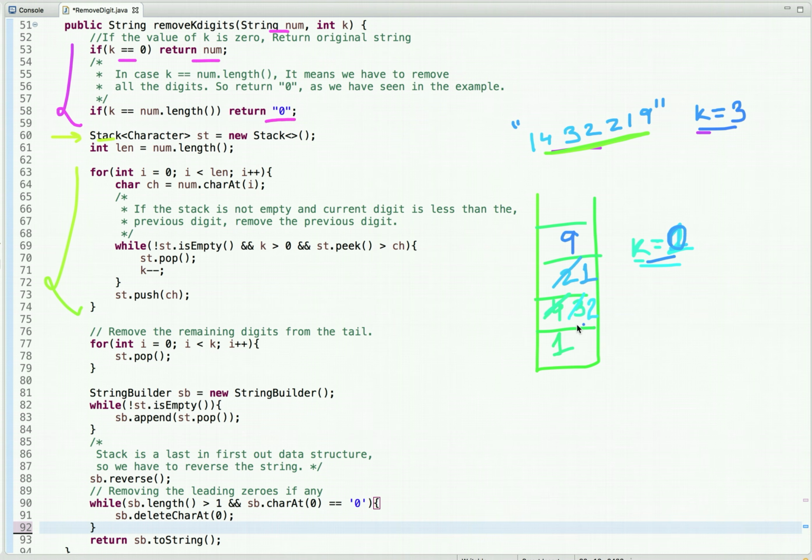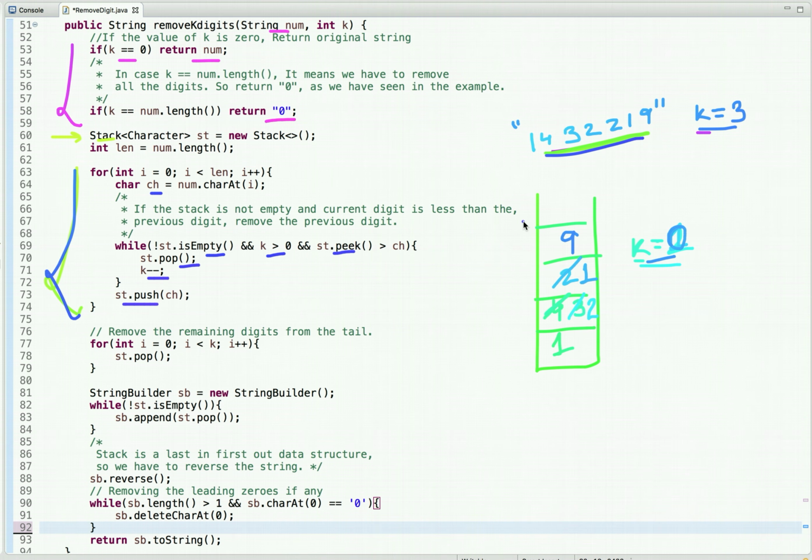So now let's see the code. Here I'm traversing this number string and taking one digit at a time. If the stack is not empty, and if we have to delete a digit, meaning the value of k is greater than 0, and the previous digit is greater than the current digit, in that case pop the value from the stack, decrement the value of k, and then push the new value.